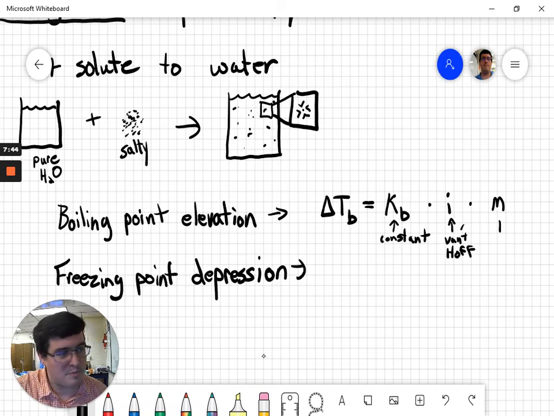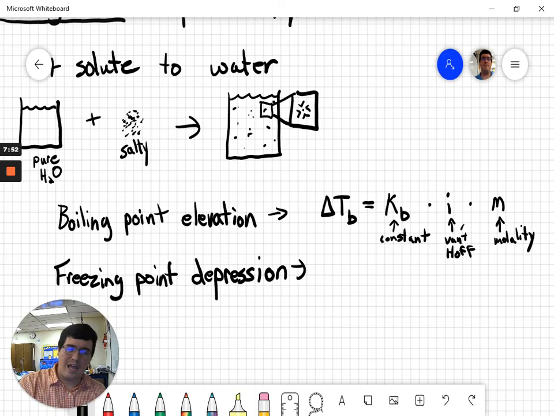Here's the whole reason we've been doing molality right here. It doesn't work for molarity. This only works for molality. What we see is that the molality of the solution is what determines the elevation in temperature. Isn't that weird?